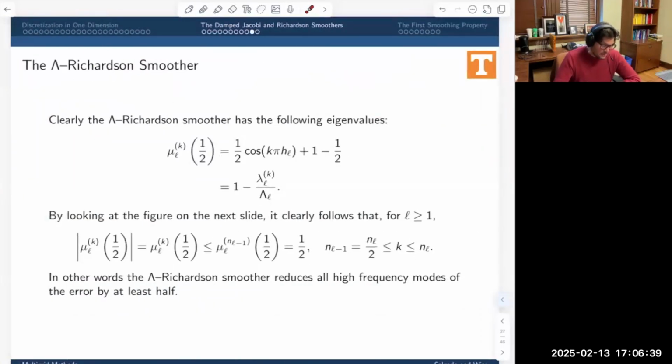Okay, but the lambda Richardson smoother, where we put omega equals a half in, just by looking at the plot of those eigenvalues, has the nice property that in the high frequency range, which is k between NL over 2 and NL, the eigenvalues associated to those wave numbers k are all less than a half in absolute value.